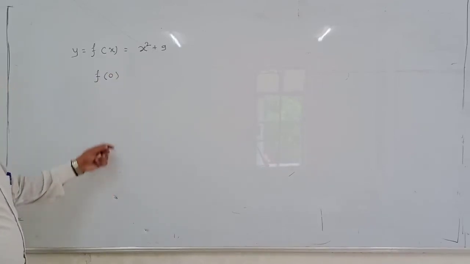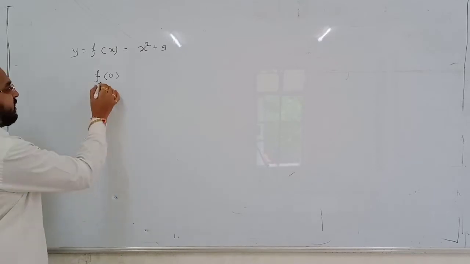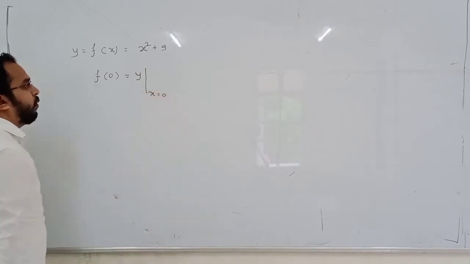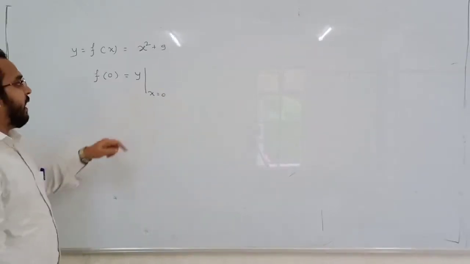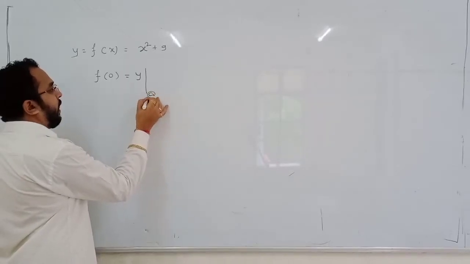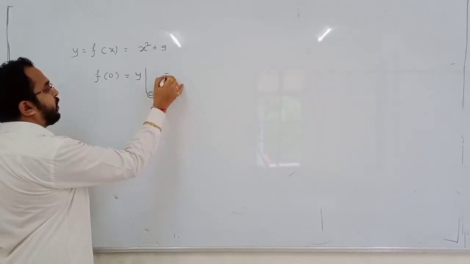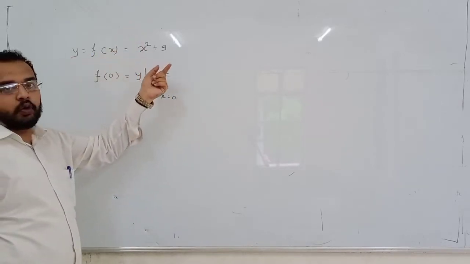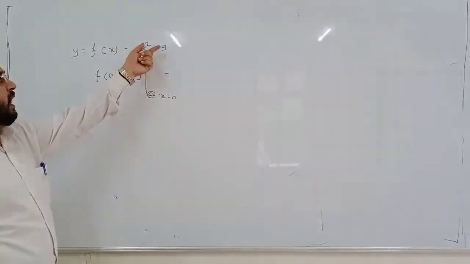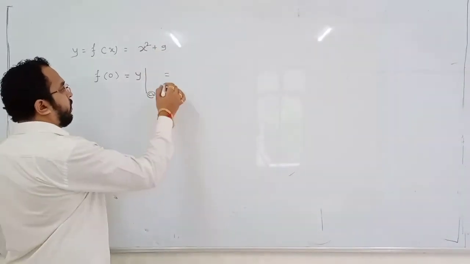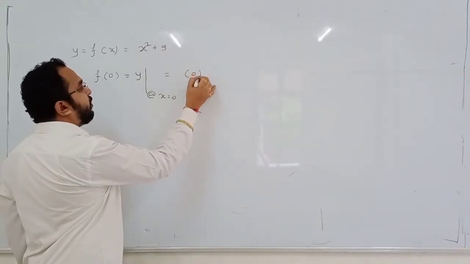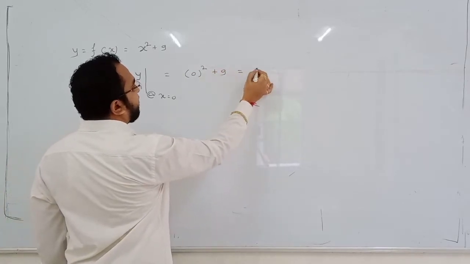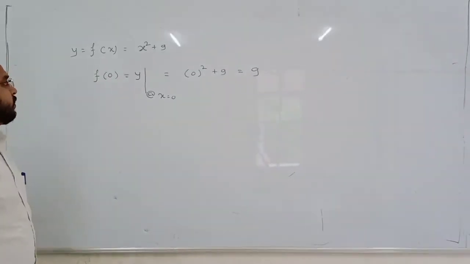What is f of 0? f of 0 means the value of y at x is equal to 0. So y is equal to x square plus 9. When x is equal to 0, what is the value of y? 0 square plus 9, and 0 square plus 9 means 0 plus 9. It will be 9. So this is f of 0.